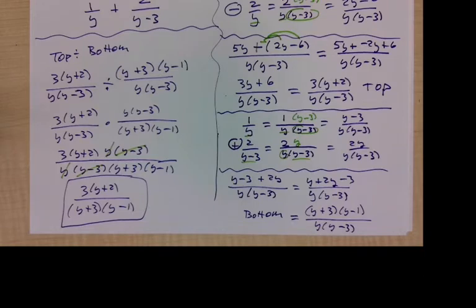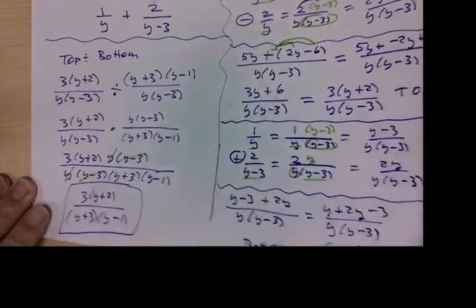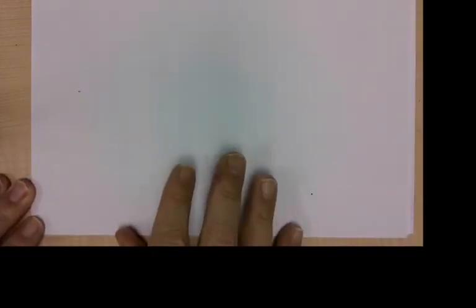Well, that was a challenging problem. Our next example is a cube root, number 21. We have cube root of 40. So how do we do that?